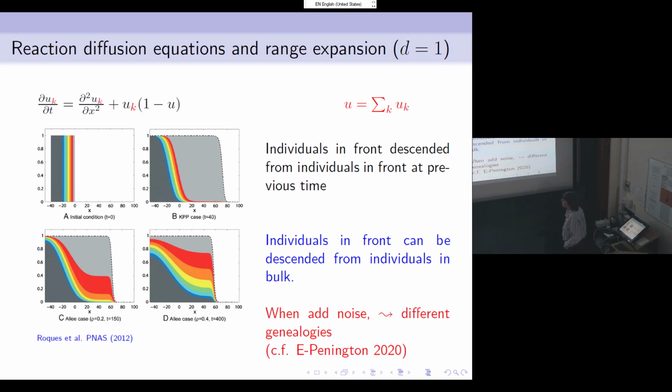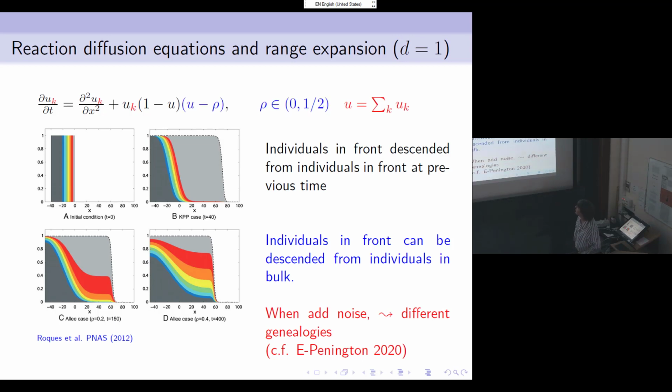They call it tracer dynamics in physics, and the idea is that you stain individuals at time 0 according to where they're living, and you look at where their descendants sit at a future time. This top picture is the Fisher-KPP equation at time 40, and you can see that the whole of the front of this wave is occupied by the descendants of this first stripe at time 0.